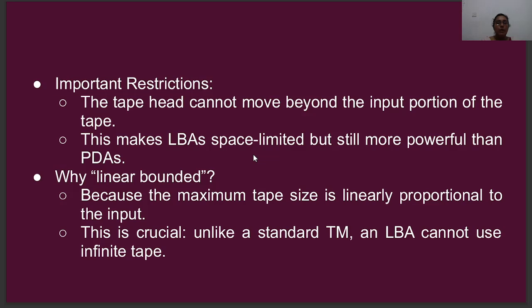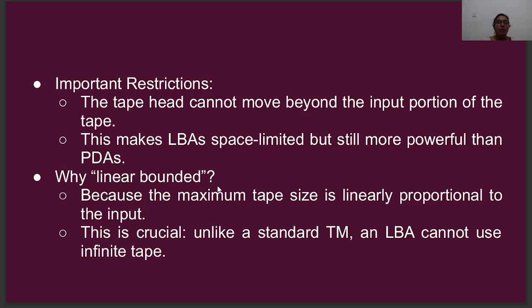Now, what are the important restrictions? We already looked at it. The first important restriction in an LBA is that the tape head cannot move beyond the input portion of the tape. So whatever the kn size is, it is bounded. This makes it space limited, so it is not as powerful as an unrestricted Turing machine, but it is more powerful than a pushdown automata.